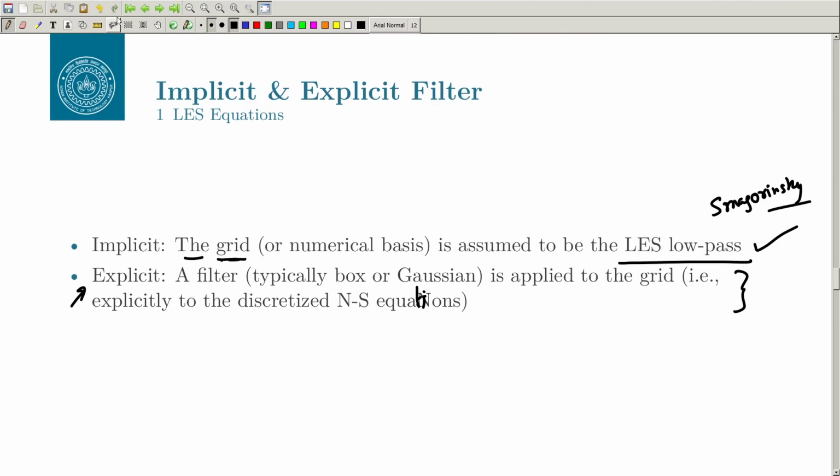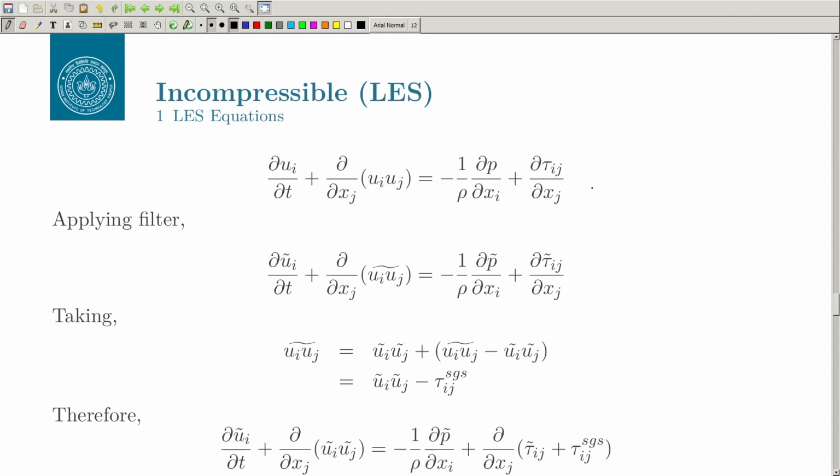Now, let us go through the derivation, like we did for the RANS case. In this case also, first we will derive for the incompressible flow and then we will make some comments about the compressible flow. Why do we do that? Because as we know from RANS, in the case of compressible flow, your rho also becomes a variable, and when you have a conserved variable like rho u and you try to break it in terms of fluctuations and the mean flow, you will get many terms.